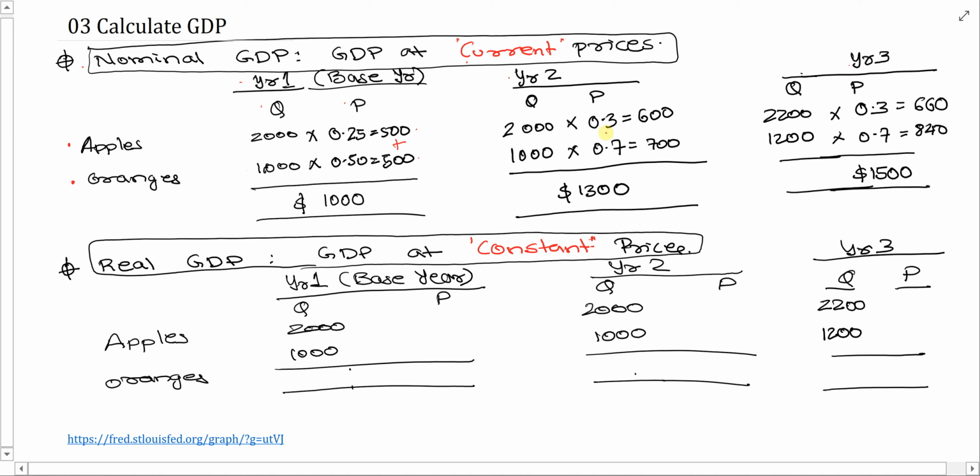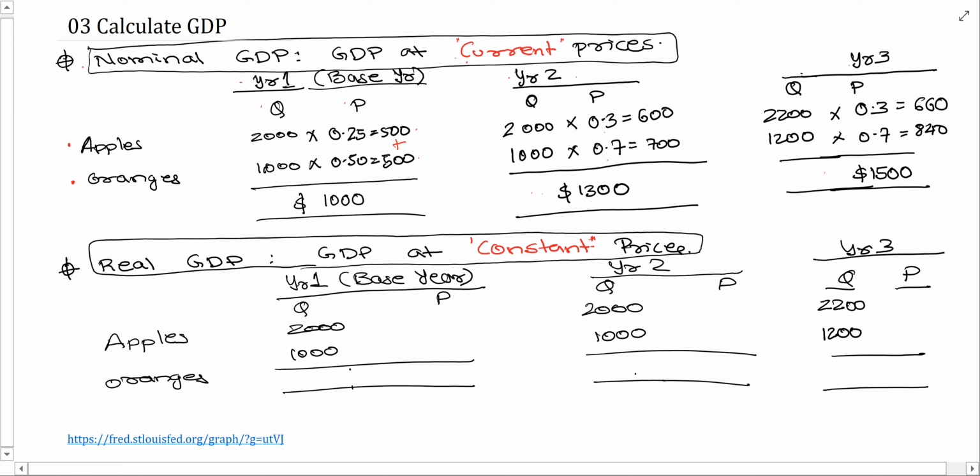The apples are 30 cents and the oranges are 70 cents, and the market value of all final goods and services produced in this country, apples and oranges, is what we are computing. The price we're using is the current price, the price prevailing in year 2, 30 cents and 70 cents for apples and oranges respectively. Then you get the market value to be 1300. You do the same operation for year 3 and you get 1500.